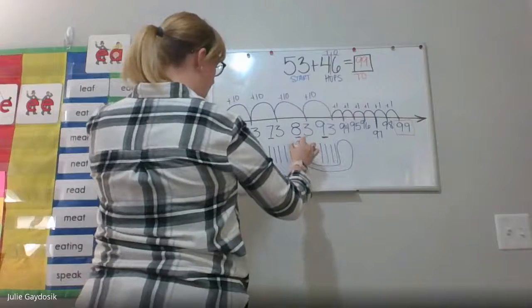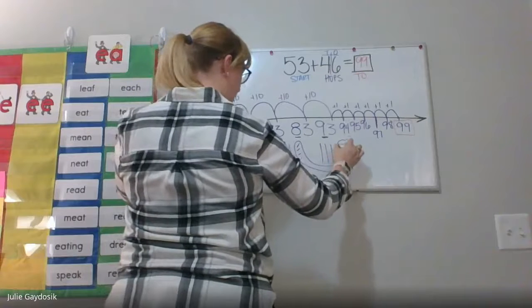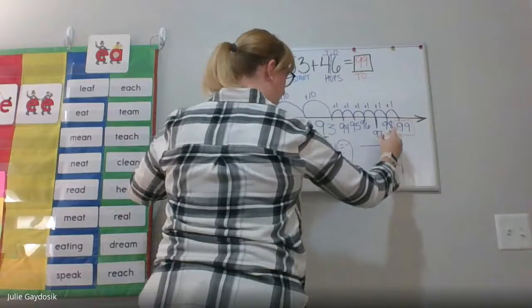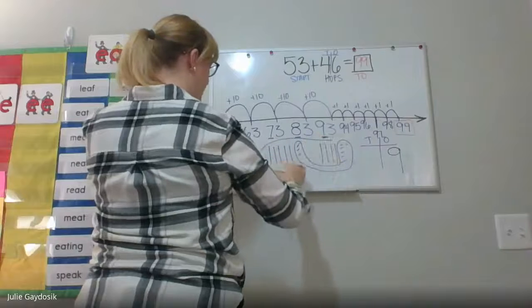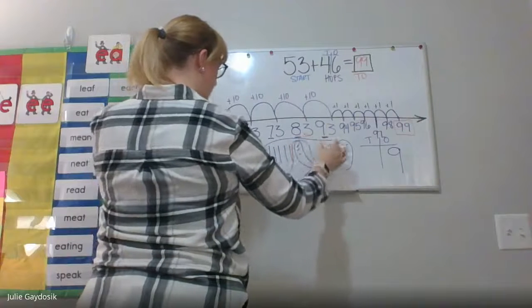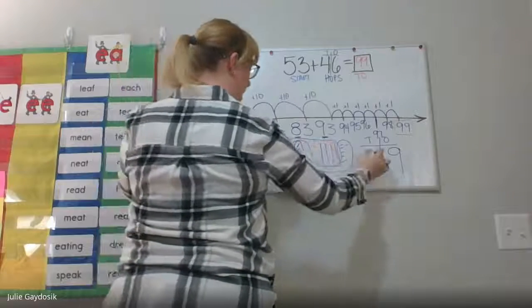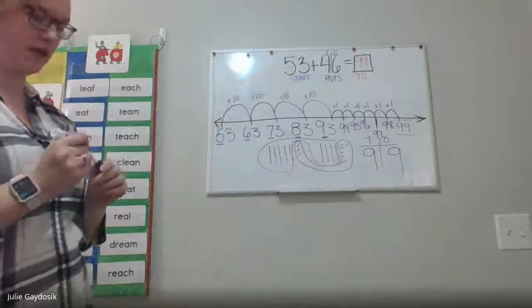So then you count your ones. 1, 2, 3, 4, 5, 6, 7, 8, 9. You have 9 ones, right? And then put a hug around your tens. 1, 2, 3, 4, 5, 6, 7, 8, 9. Same thing, 99 and 99.